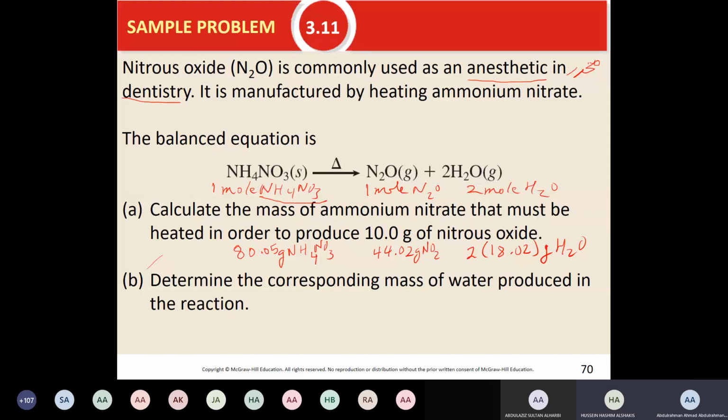Now, calculate the mass of ammonium nitrate that must be heated in order to produce 10 grams of nitrous oxide. I want to produce 10 gram N2O. Then how many grams of ammonium nitrate do I need?